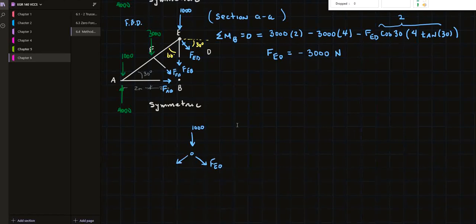And we're going to have this point in this direction. This is the force in FE. And then this is what we're interested in, the force in EB. So here's a free body diagram for E. So now we're going to talk about joint E.